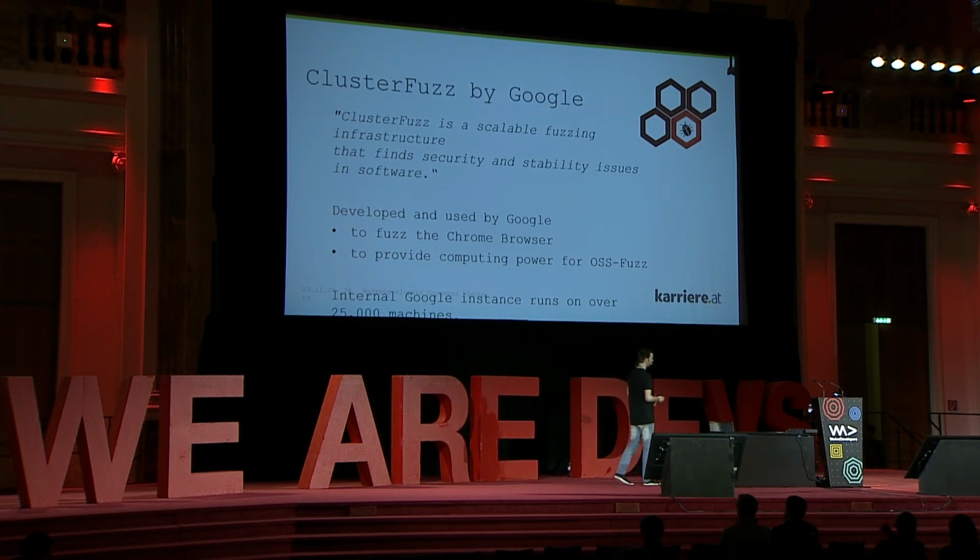It is developed and used by Google to fuzz the Chrome browser and to provide computing power for OSS-Fuzz, which I'll talk about later. Just for example, the internal Google instance of ClusterFuzz runs on over 25,000 machines. I think this shows nicely how important fuzzing is for Google, because they are investing so much computing power into fuzzing. So, yep, if Google is doing it, it can't be that bad.